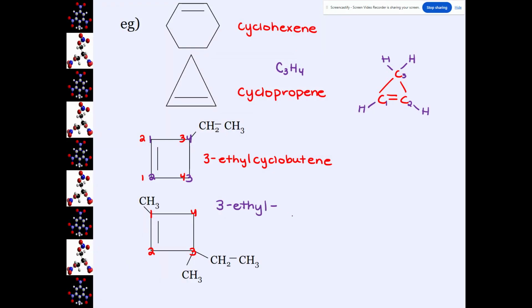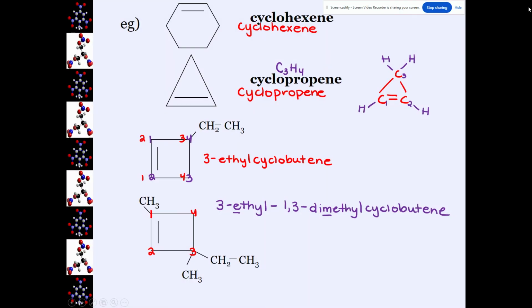Then I have 2 methyl branches, 1 on carbon 1 and 1 on carbon 3, so that combines them to be a dimethyl. Now notice how the di doesn't change the alphabetical order. It's still the ethyl before the methyl, okay? And the parent is cyclobutene.